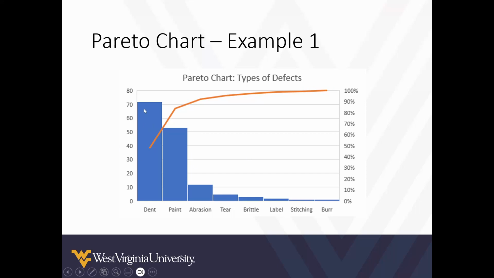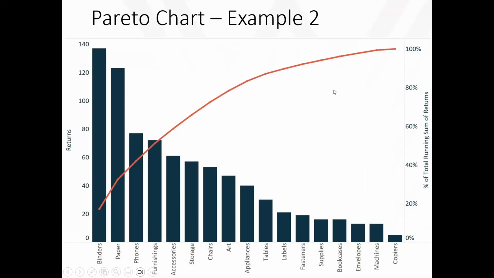And I know I just said 70%, and that's not correct. 70 is the frequency, relative frequencies here on the side. So actually, it's a little over 90% with this first bar, and then we peter off until we get all the way up to 100%.